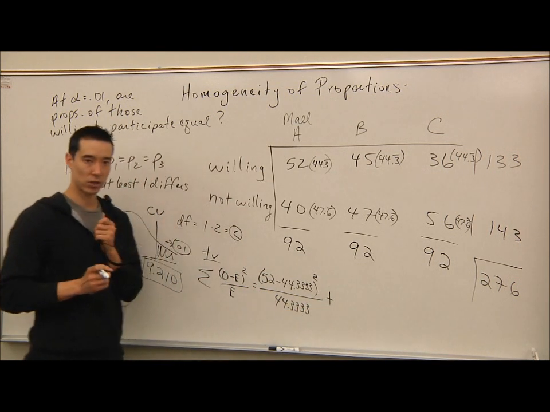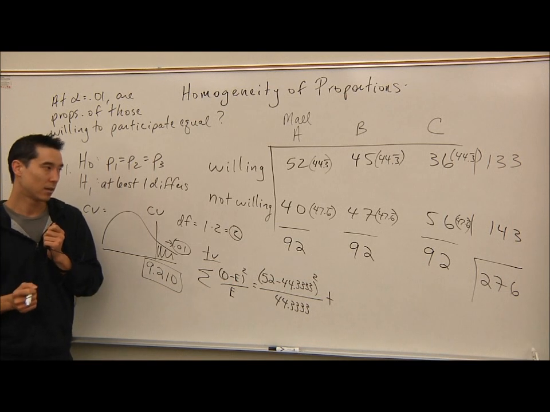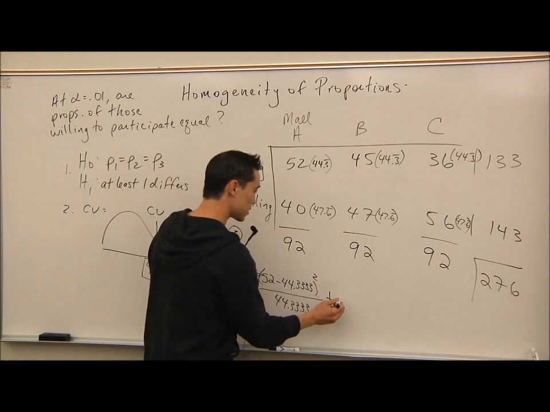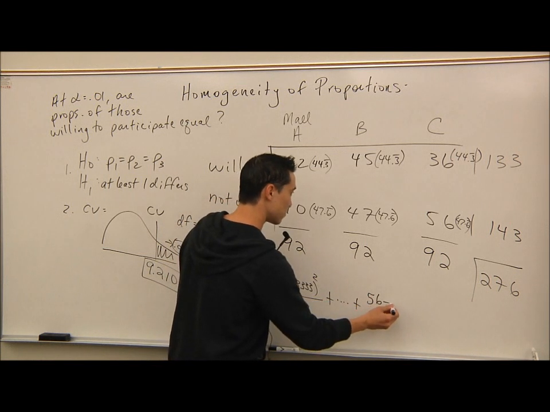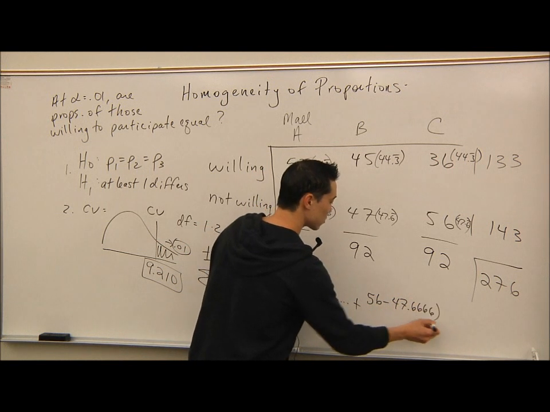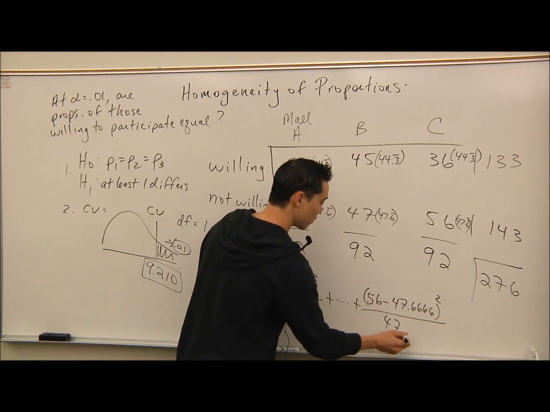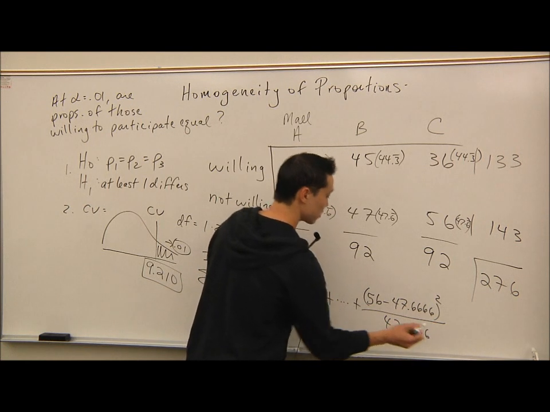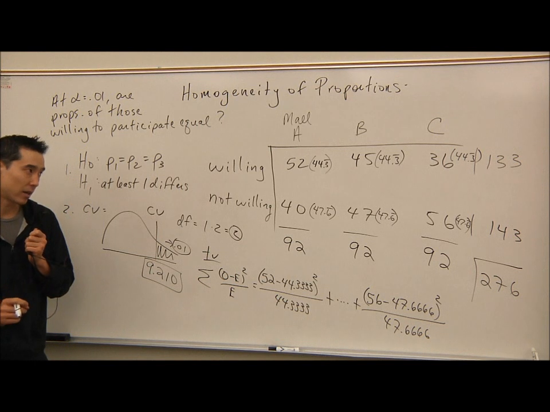And that's the end of the first term. You have 6 of those guys that you have to add up. Okay? And I'm totally going to cheat. I'm just going to put plus dot, dot, dot, dot, dot. And then do the last one. 56 minus 47.6666, quantity squared, divided by 47.6666. So spend 5 minutes and make sure that you get the same test value I got, okay?